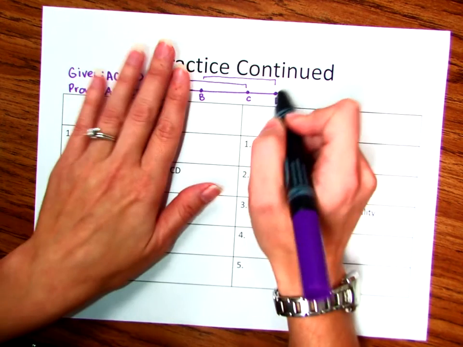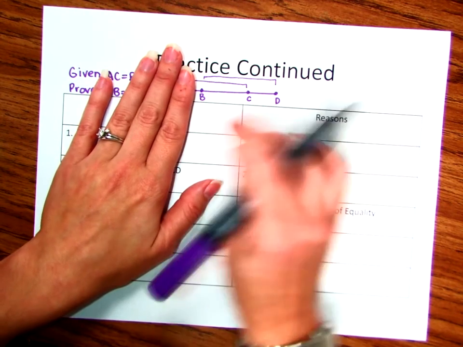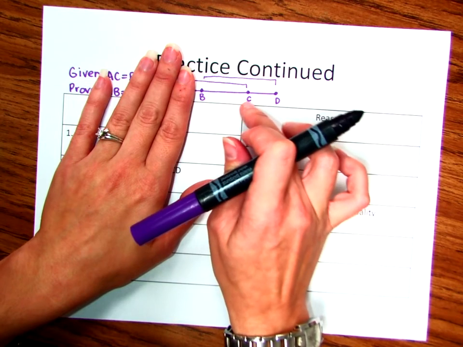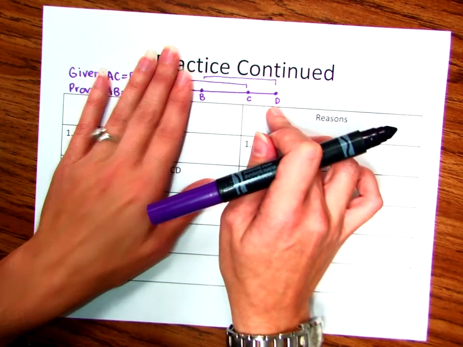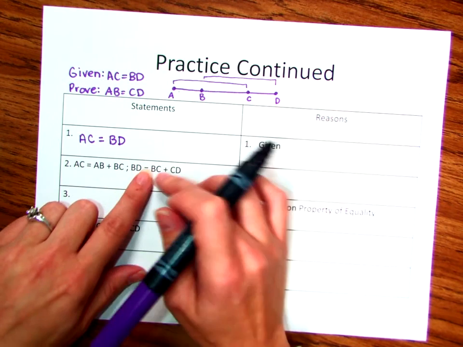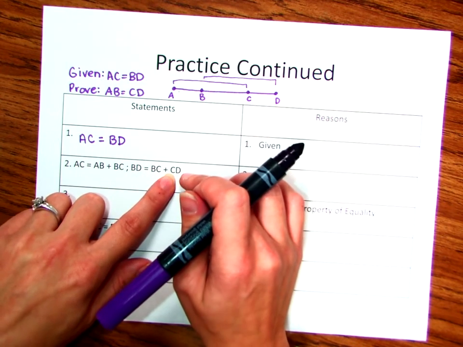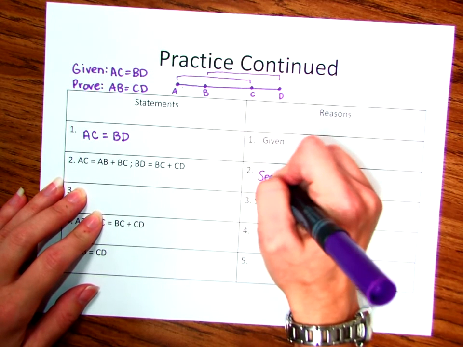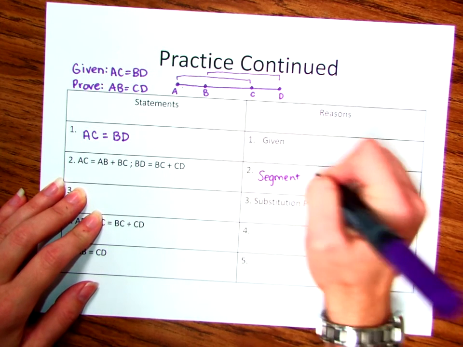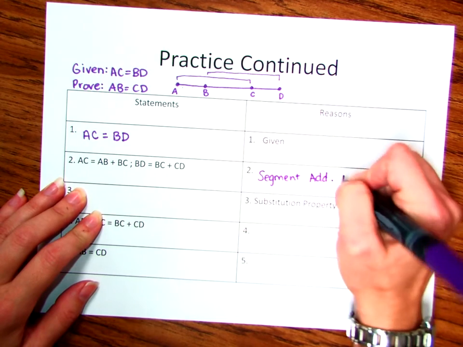I can also look at the second half here. BC plus CD is giving me the large length here, BD. So there it is, BD equals BC plus CD. So this right here represents the segment addition postulate.